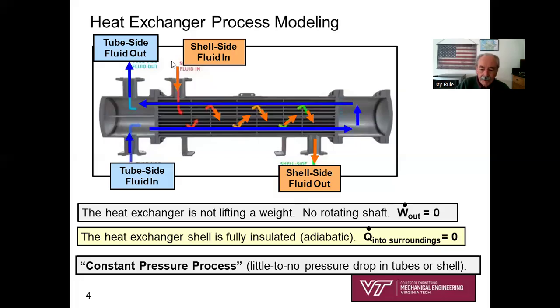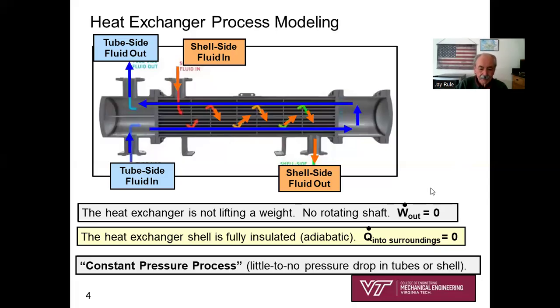Similarly, these don't have to be equal pressures, tube and shell, but the shell side pressure in is going to be about the same as the shell side pressure out. There's negligible pressure loss in our thermodynamic model of this heat exchanger. So my third note, constant pressure process, little to no pressure drop in tubes or shell. That's going to be important in your problem solving, especially coming up in a later chapter.